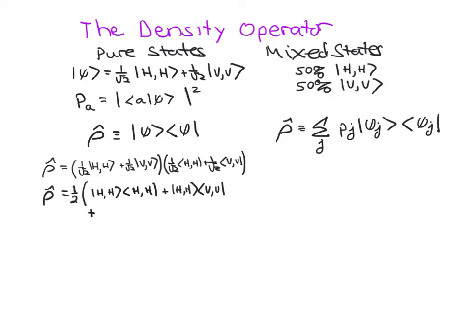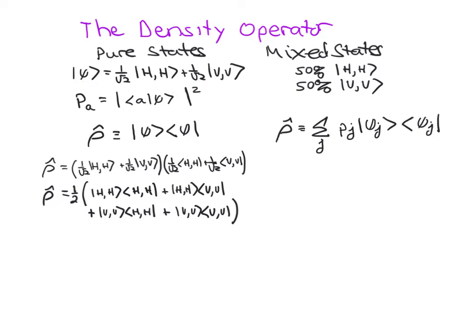So there's going to be a VV ket, HH bra, like that. And then finally, the last term is going to be this with this. So that's going to be a VV ket, VV bra, close parentheses. So those are the four terms that we get for the density operator associated with the pure quantum mechanical state that looks like this.